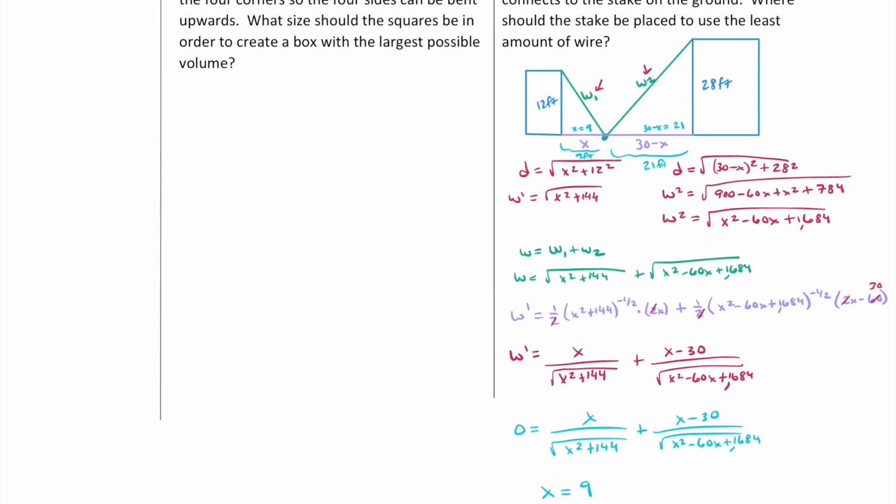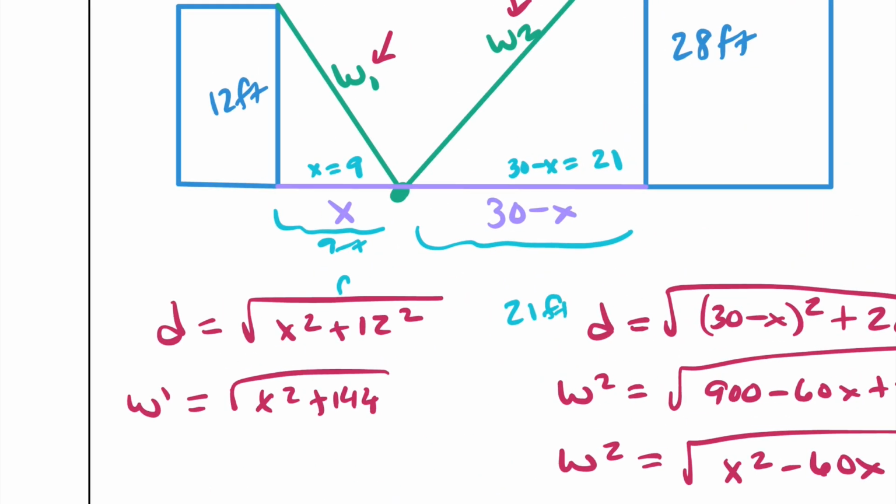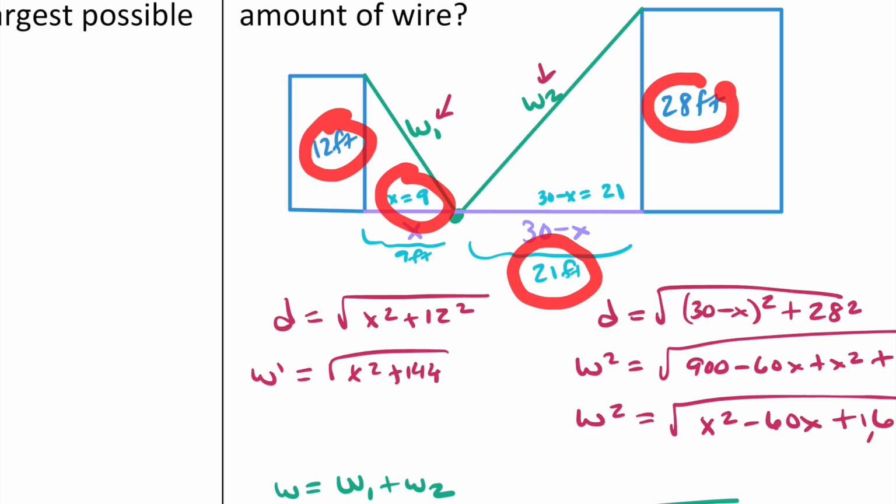I'm going to move everything down slightly so it works out well. Nine feet, 21 feet. What's really cool, you notice where this works out, so that 9 is to 12. So 3, 6, 9, 12, 7, 14, 21, 28.